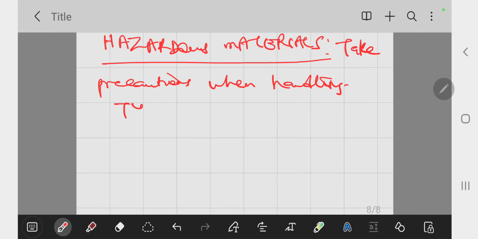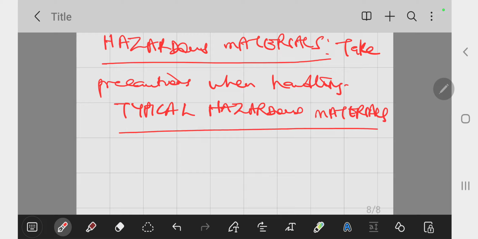So, typical hazardous materials. Number one, you can have fuel.